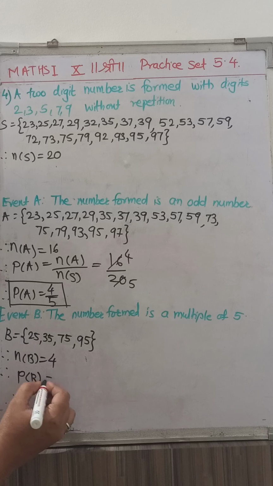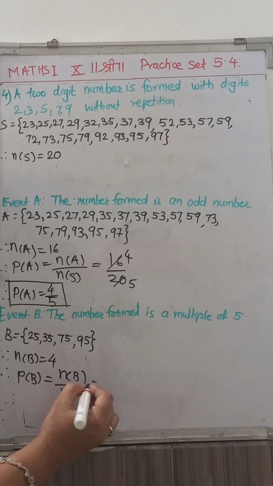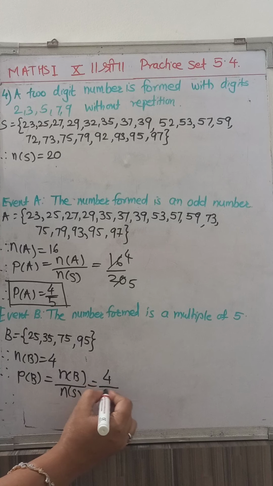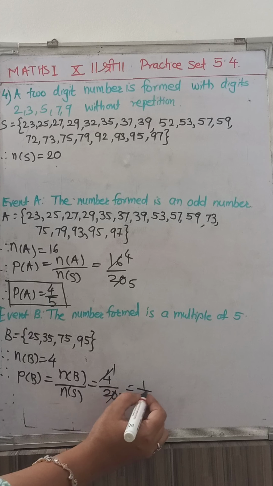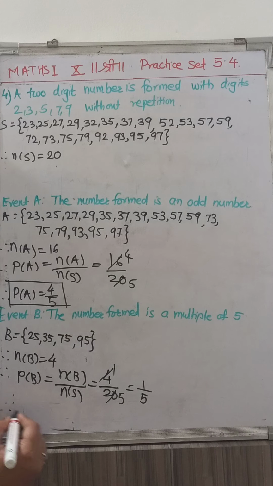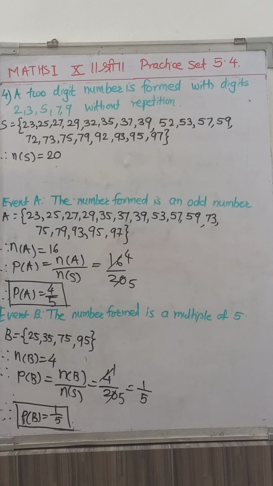Therefore, P of B is equal to n of B upon n of S. That is equal to 4 upon 20. Simplifying it, 4 1s are 4, 4 5s are 20, 1 upon 5. And therefore, P of B is equal to 1 upon 5. And so, probability of event B is 1 upon 5.